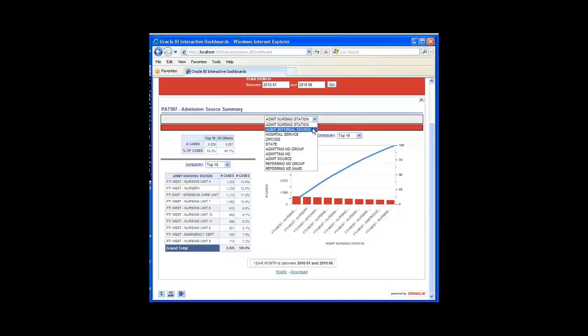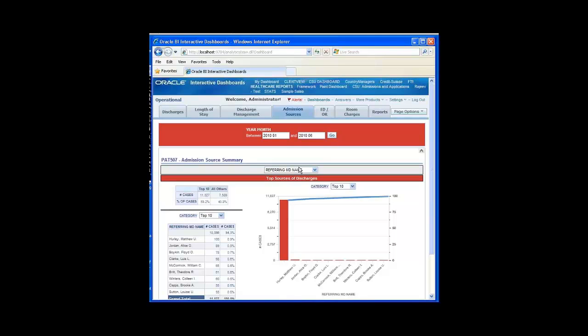So even though by default we're showing it by admitting source, you can look at the information in a number of ways, for instance, by referring MD, and see if you're keeping track of that particular attribute, what patients that are being admitted are being driven by which particular referring MDs. So I can see Dr. Hurley here for this time period was responsible for about 100 or so admissions.